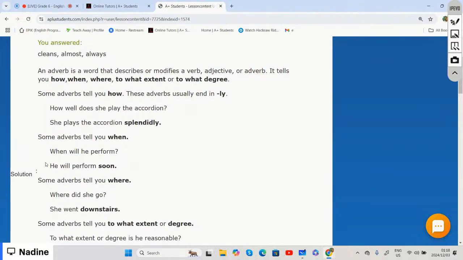And once again, we said an adverb tells us about a verb, or it describes and modifies a verb, an adjective or an adverb. And it tells us either how something is being done, where it's being done, when it's being done, to what extent or to what degree.